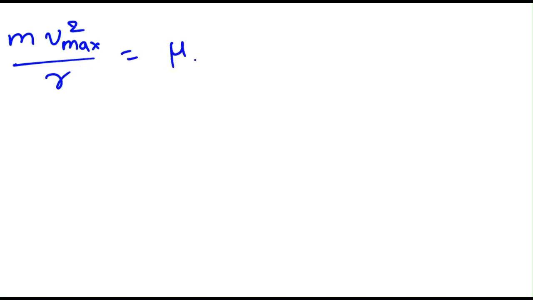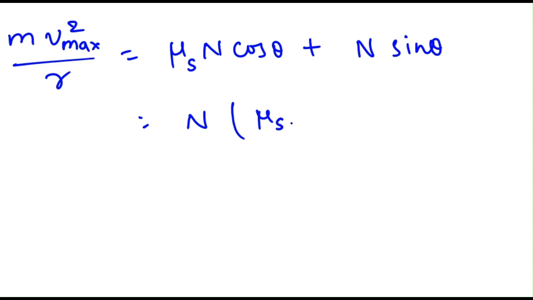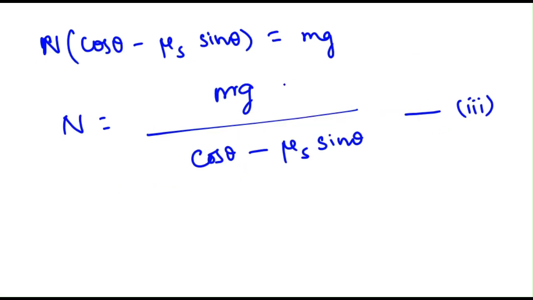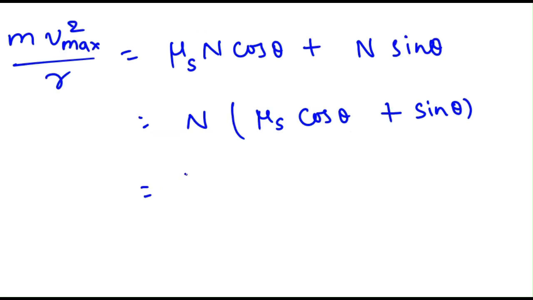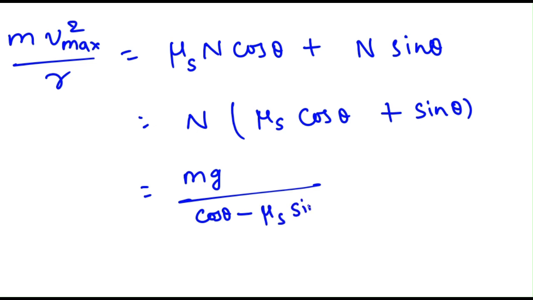Instead of Fs, we are putting mu s into N cos theta plus N sin theta, which we are going to take N common, and then we will have mu s cos theta plus sin theta, and then we can put the value of N from here, which will be mg divided by cos theta minus mu s sin theta, and then this term mu s cos theta plus sin theta.